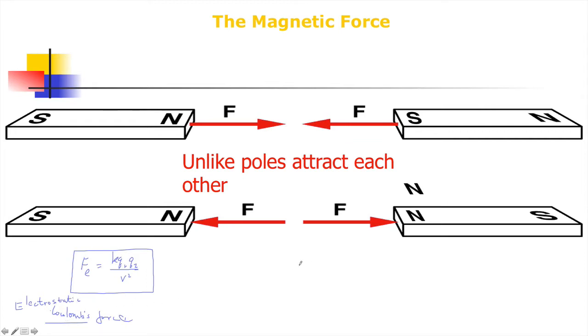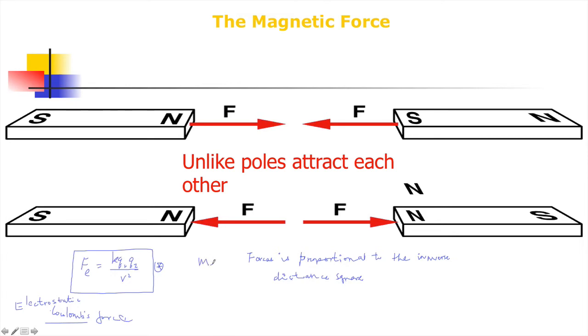But fascinatingly, that same scientist observed a similar kind of relationship for the forces between magnets: the force is inversely proportional to the square of the distance between them.